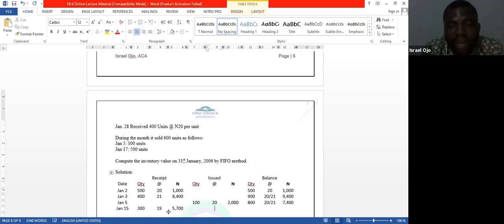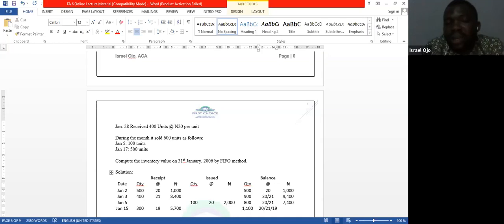Now, under the balance, we had 800 units before. We have added 300, so 800 plus 300 will give us 1,100 units. Then we come down here. Under this space, we have 20 existing before, 21 existing before, then we have added a new one, 19. So whenever we are issuing out, we have to issue out 20 first before we can move to 21, before we can move to 19.